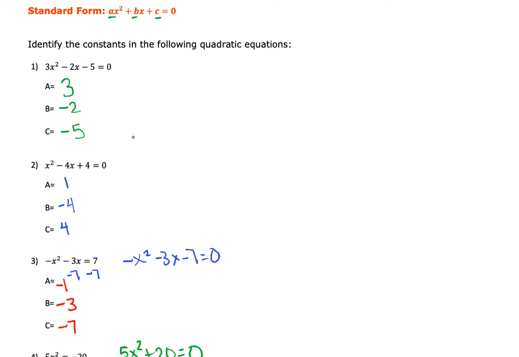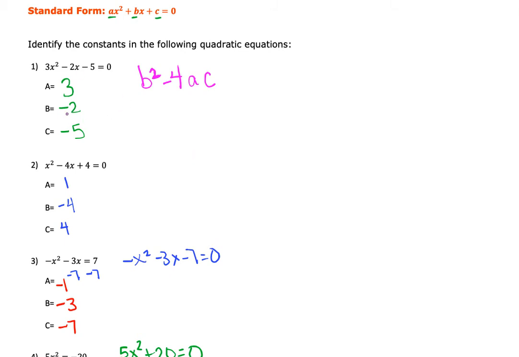So remember, it's just the b squared minus 4ac, just a part of the quadratic formula, and we'll deal with the rest of it next time. But for now, we're just looking at the b squared minus 4ac. And all we care is if it's a negative number, a positive number, or if it is equal to 0.